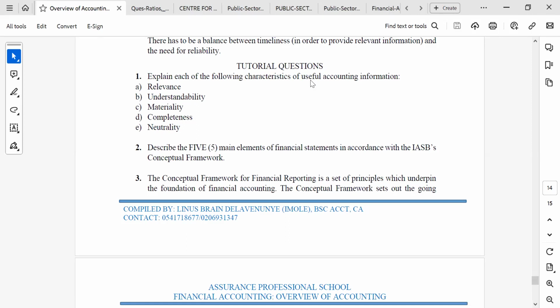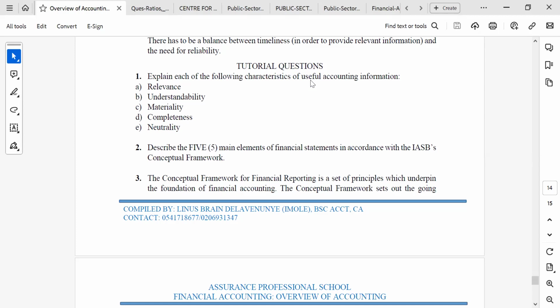We have the balance sheet. Let me check. So is it the assets and the liabilities? Exactly. Those are the things that you can see in the financial statement.